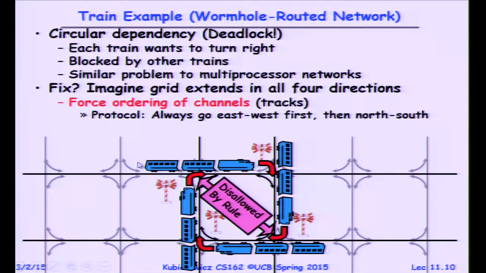That means there's never going to be a cycle because this train is violating the rule. They're trying to go north first and then east. What you would require them to do instead is do all of their eastern traveling this way and then go north. Okay, and so by this fixed ordering of channels, always go east-west first and then north-south, you avoid a cycle. And by the way, this is called dimension-ordered routing, and networks do this.